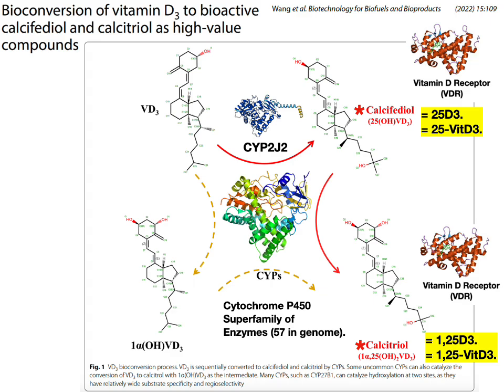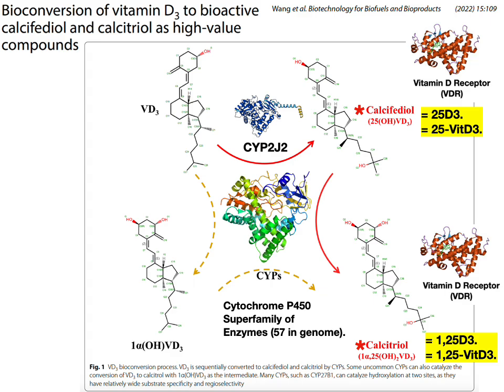So once again, CYP2J2 is a cytochrome P450 enzyme, part of a superfamily of enzymes. There's 57 of them in the human genome. Vitamin D3 bioconversion process: vitamin D3 is sequentially converted to calcifediol and calcitriol by CYPs, the cytochrome P450 enzymes.